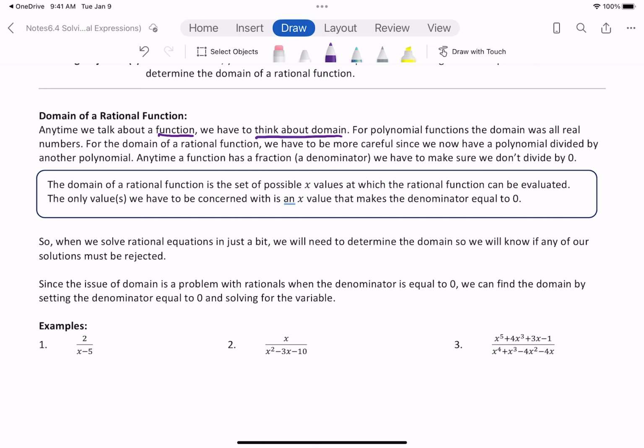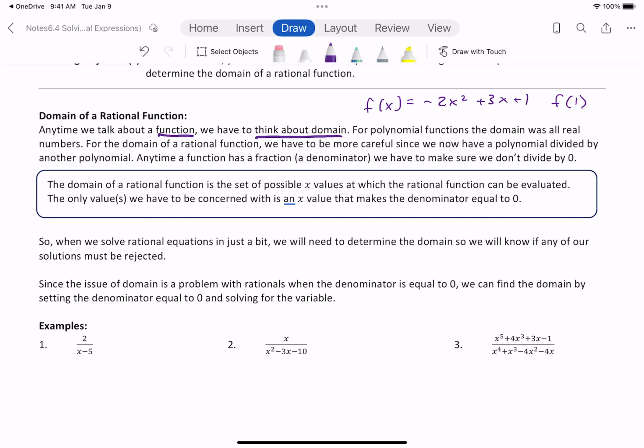When we looked at polynomial functions before from test 1, you remember we had things like f of x equals negative 2x squared plus 3x plus 1. And we talked about stuff like what would f of 1 be.